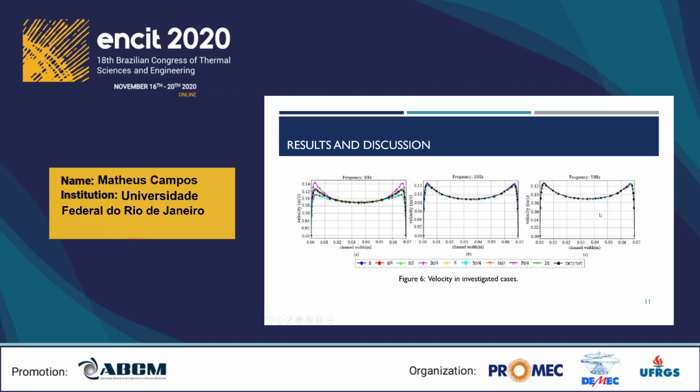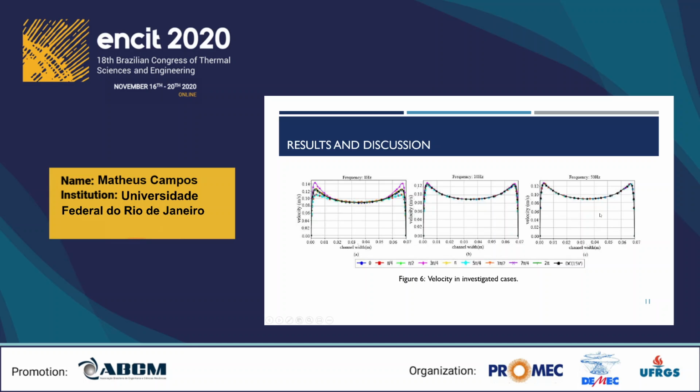Here in figure 6, we can see the velocity profile formed at the pump's output. We can see the profile assumes the M form, and it's caused by the Lorentz force. As you saw, it's higher close to the electrodes, which leads to these velocity peaks close to the walls.